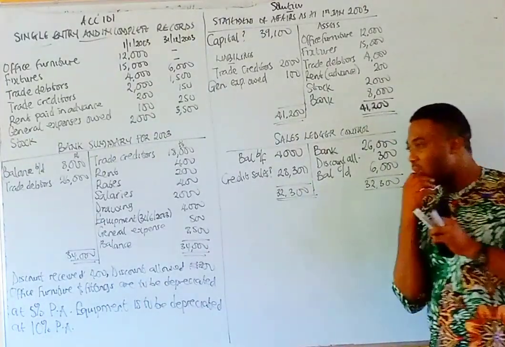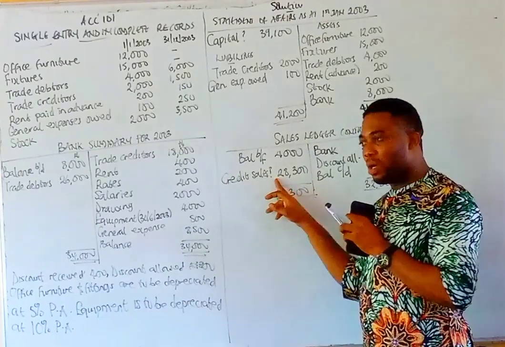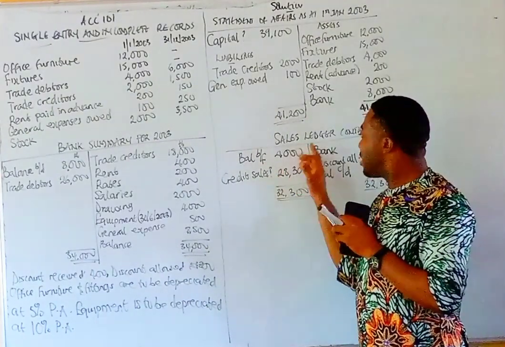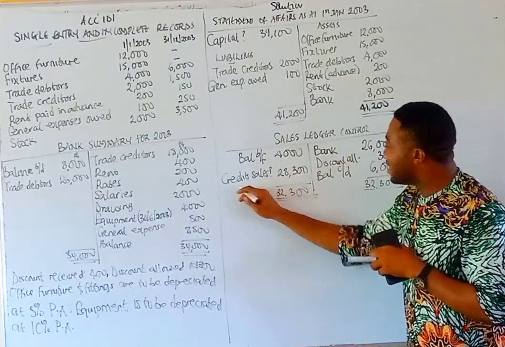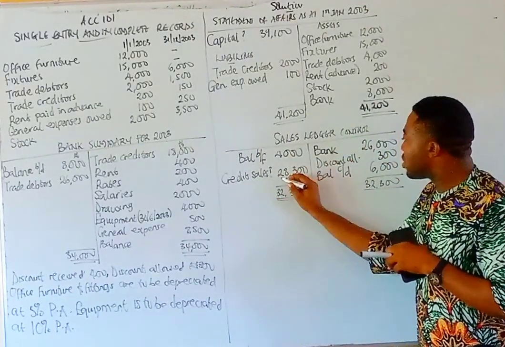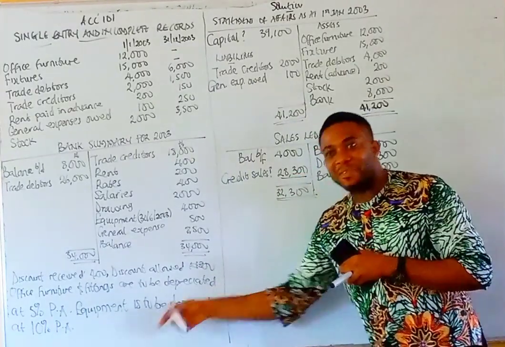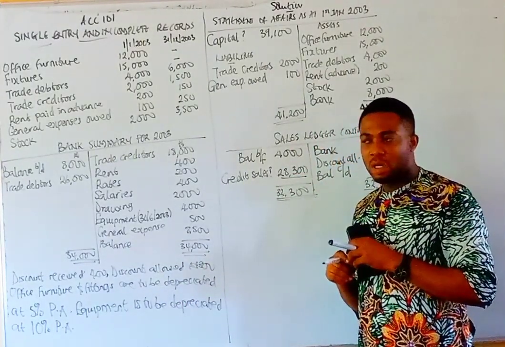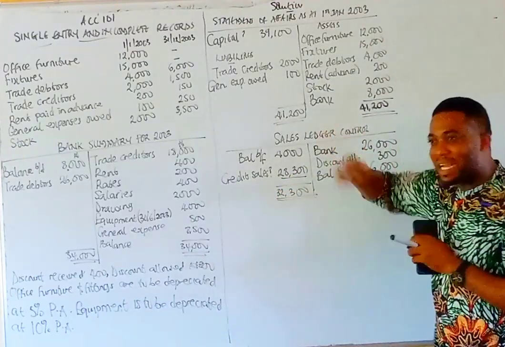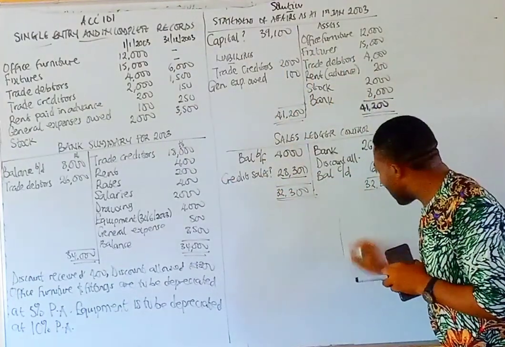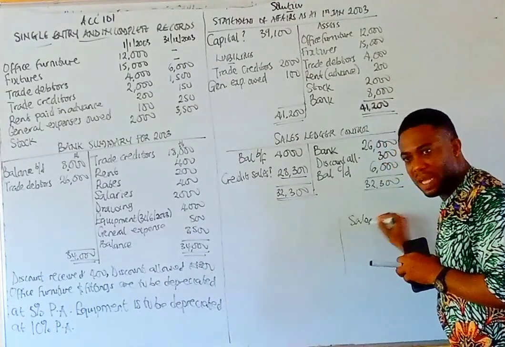The cash sales will not come to the sales ledger. After you have derived your credit sales, you can't post this as your total sales if you still have cash sales. This becomes credit sales, fine. Then we want to know what sales will go to the right hand side when you are preparing the trading profit and loss account.